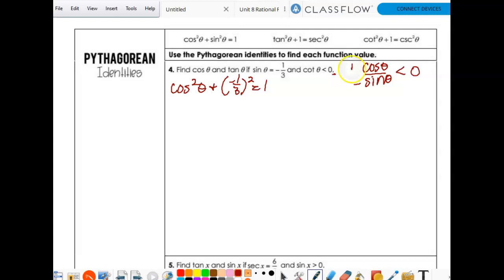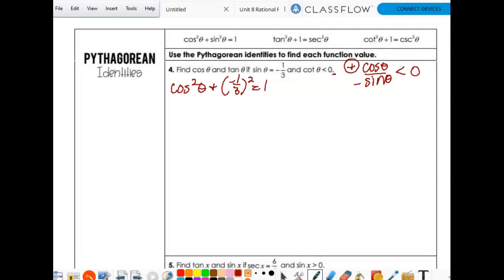So my cosine, I know, has to be positive. And the reason that's important is because we're about to take the square root. And when you take the square root, how many answers do you get? You get a positive and a negative. Well, which one am I going to choose for my cosine? I'm going to choose the positive one.